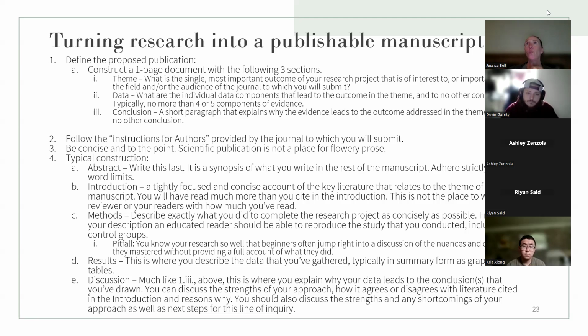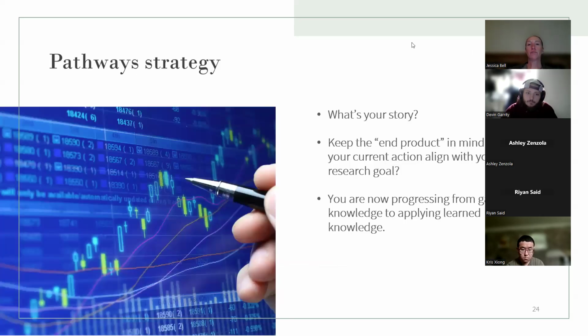What do you wish you would have done, right? Do you wish you would have sampled different populations differently? Do you wish that you had a better software for data analysis, or had used something else similar to what a previous work did? So just think about that for the next step.